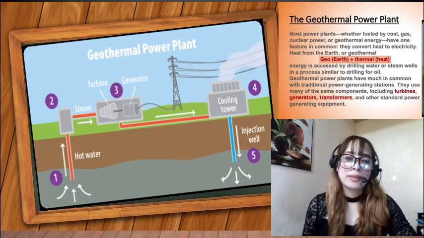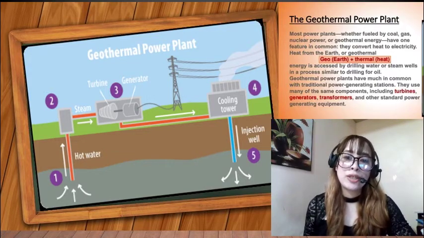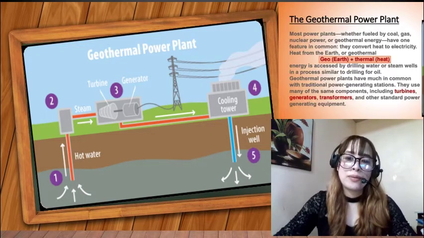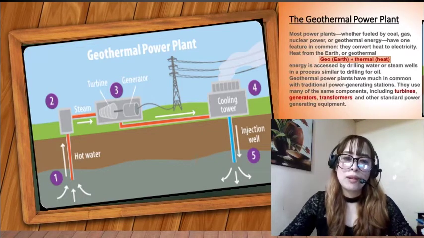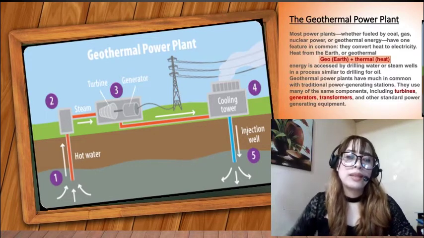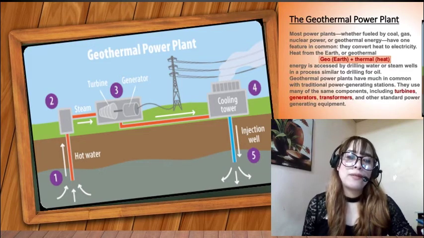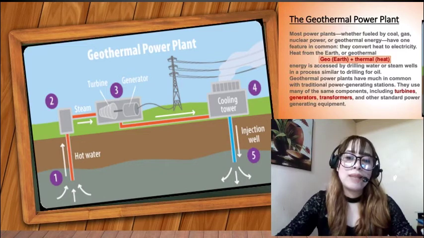Now, how does a geothermal power plant work? From the word geothermal, we know that geo comes from the earth and thermal means heat. So we use the heat that comes from underneath the earth. A geothermal power plant uses steam to produce energy. The steam comes from the reservoir of hot water found a few miles and more below the Earth's surface.